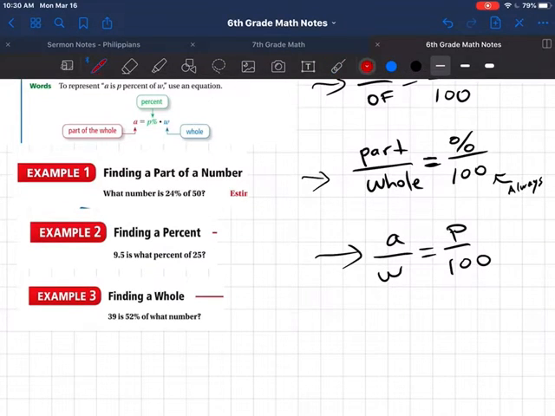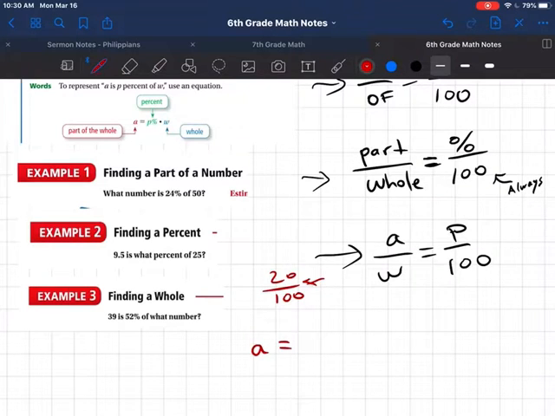The percent equation is A, or the part, is equal to the percent over 100. So when it says P percent, it literally means like 20% would be 20 over 100 on this part. Or 20 divided by 100, which you learned is you just change that to a decimal, right?